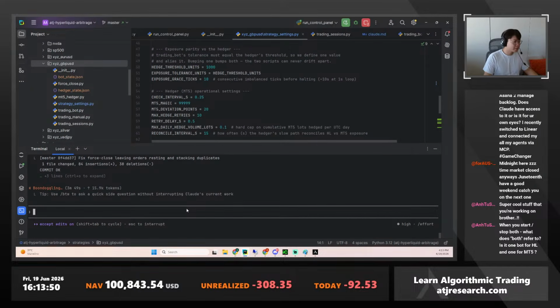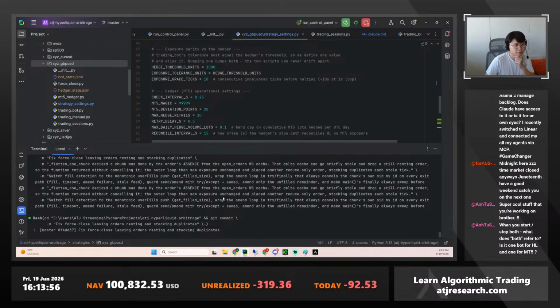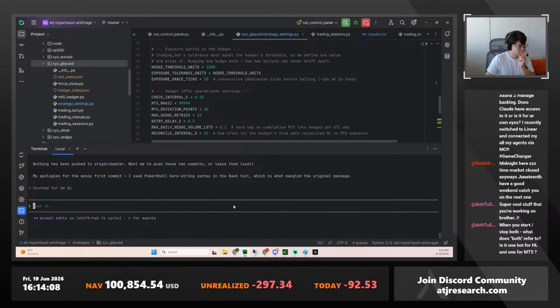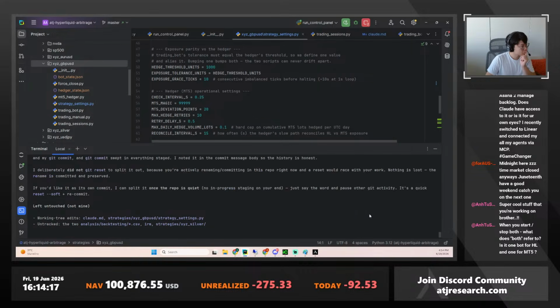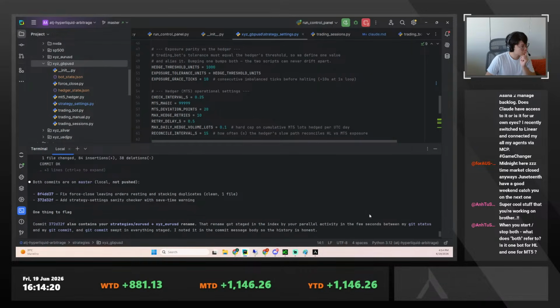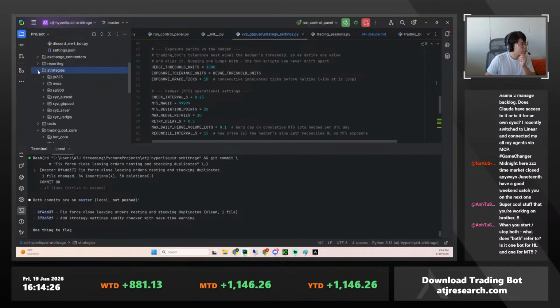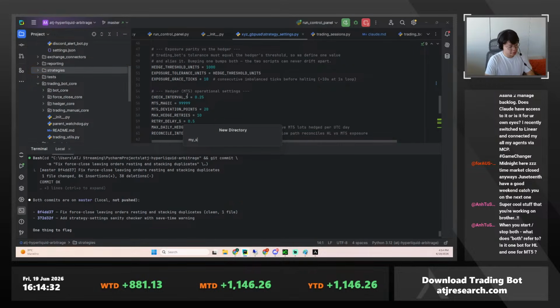Okay, let's continue with fixing our force close script. Okay, I'm also going to create a strategy folder called My Strategies, which will be added to git ignore.